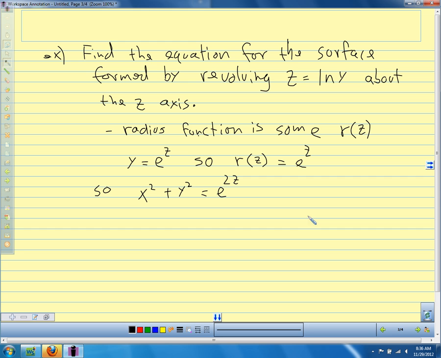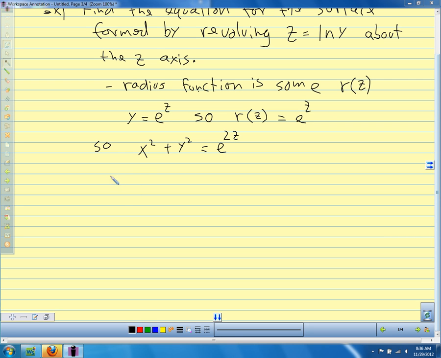And if I drew a quick sketch of this, what we would end up with is a surface that looks like this. Here's our function y equals e to the z in the yz plane. And we're going to revolve it around the z-axis.